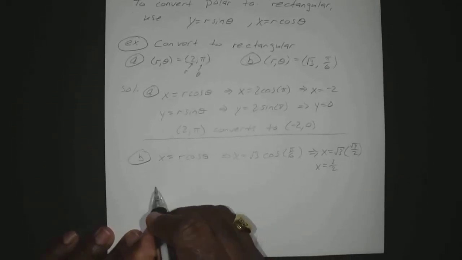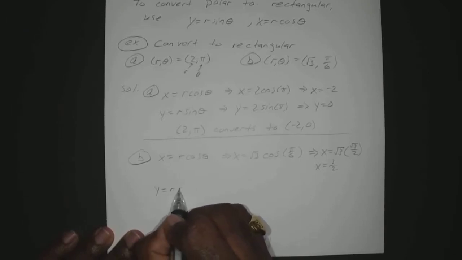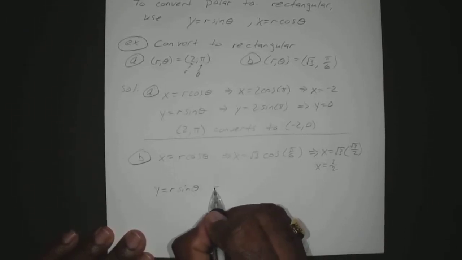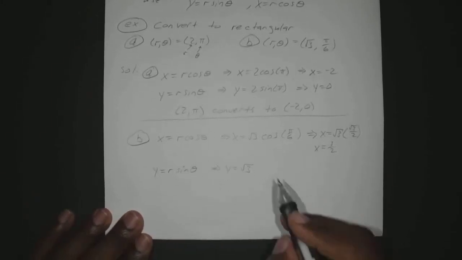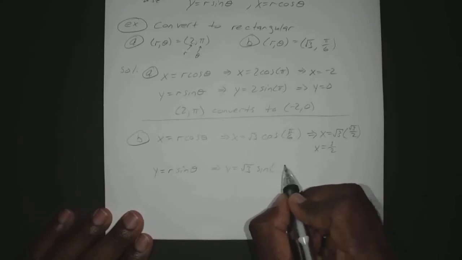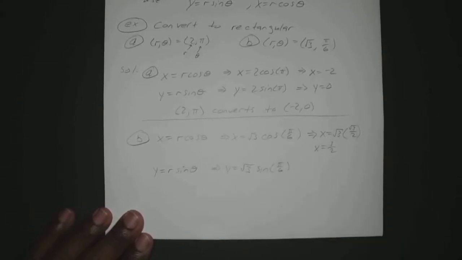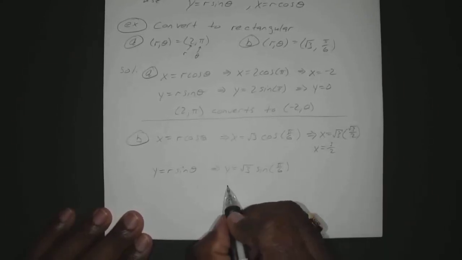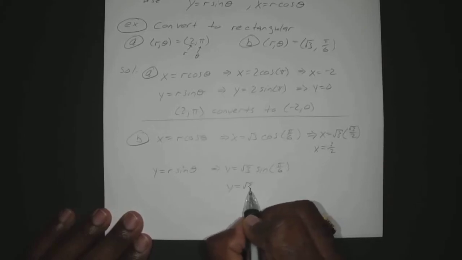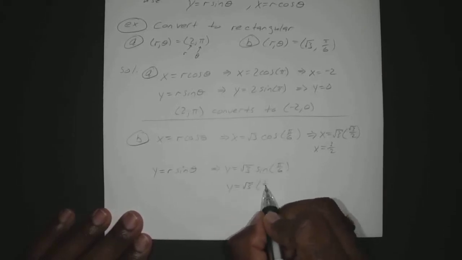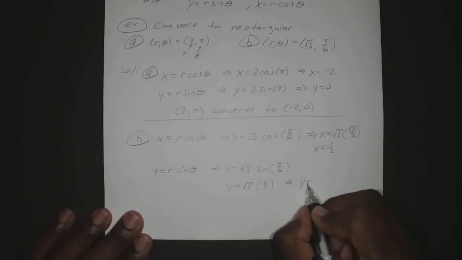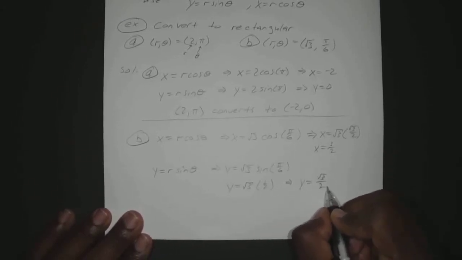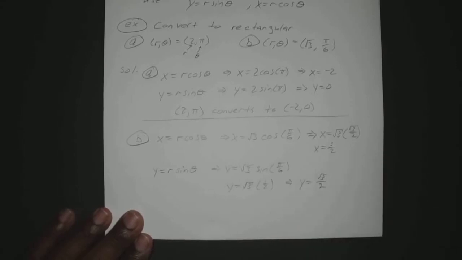We do the same thing for y. y equals r sine of theta means y is equal to square root of 3 sine of pi over 6. So y equals square root of 3 times 1/2. So we know that y is equal to square root of 3 over 2.